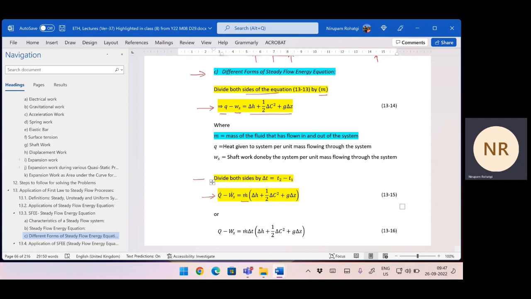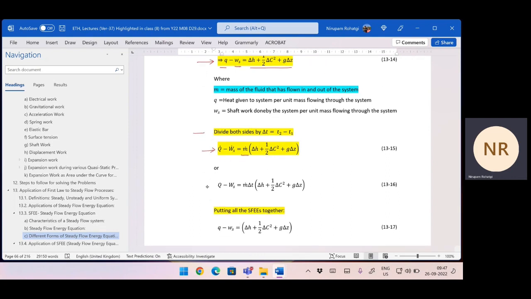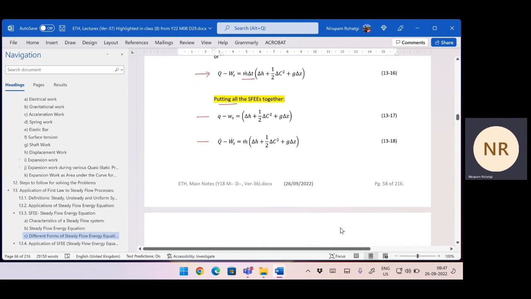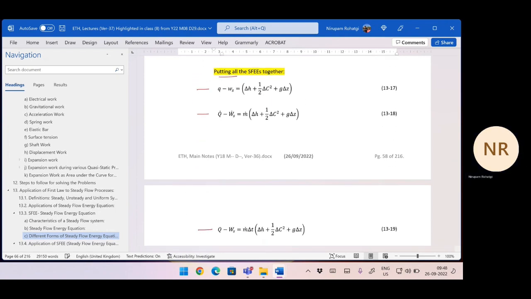So Q dot, and you can even write it like this, with m dot delta h. M dot is the rate of mass entering. Okay, and so if you put all of them together, these are the equations, and you can write them in different forms. Okay.